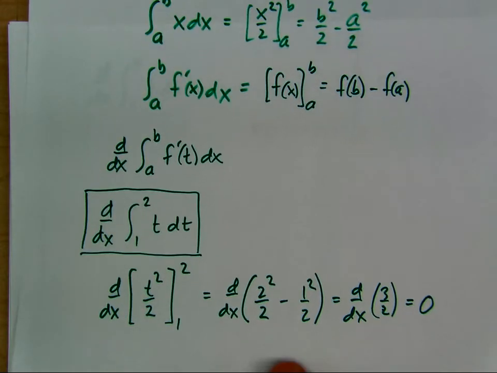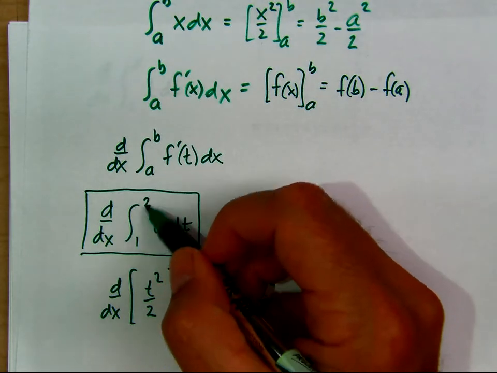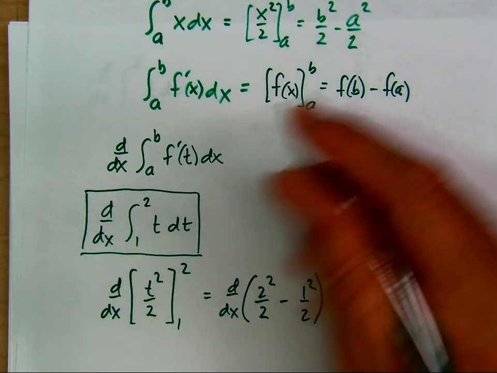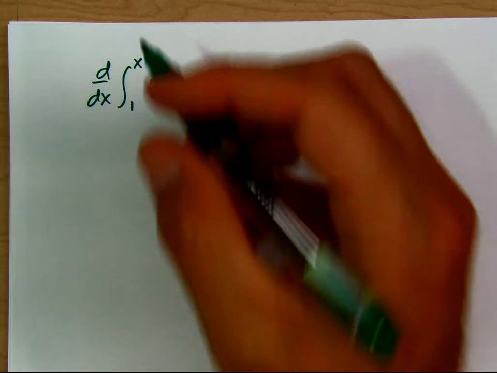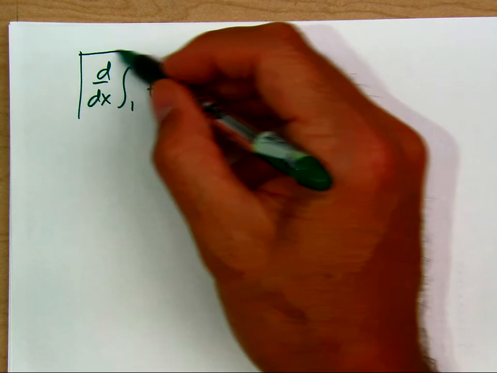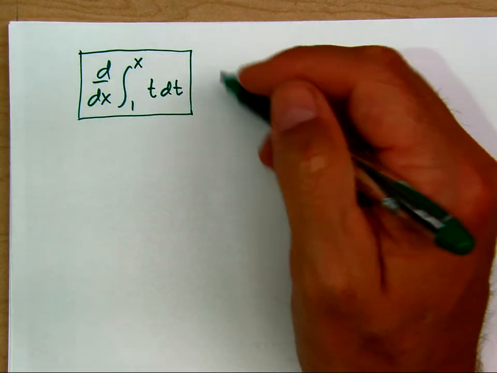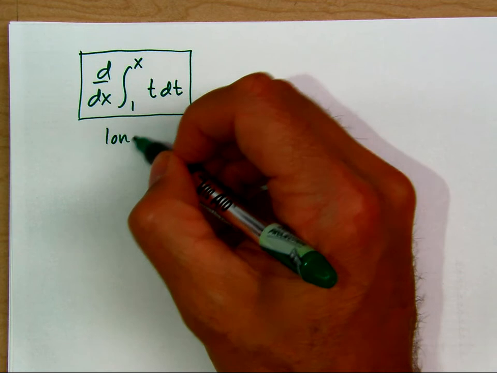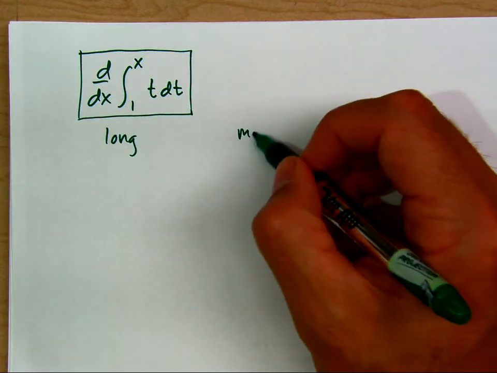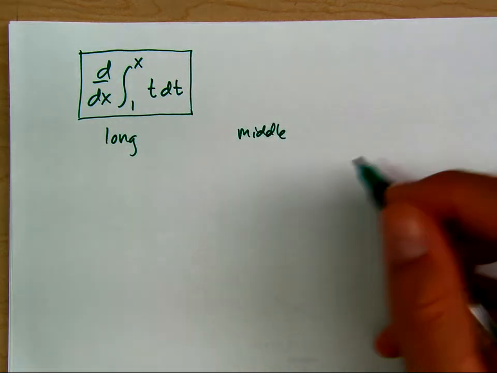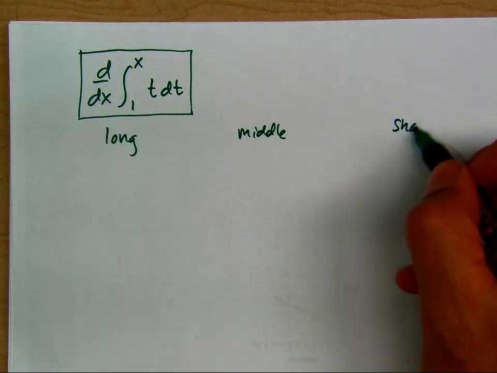I said we need to have a function of t. It's going to be a function of x here. We have a long way of doing it, a middle length way, and a short way.